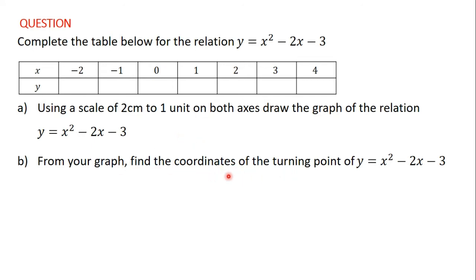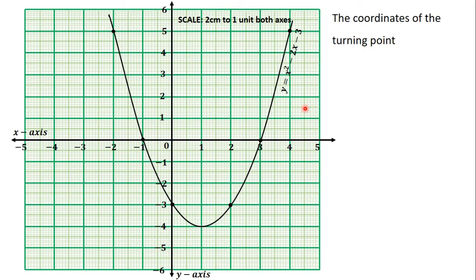That is finding the coordinates of the turning point of the relation y is equal to x squared minus 2x minus 3. This is the graph of the relation y is equal to x squared minus 2x minus 3. We are going to use the graph to find the coordinates of the turning point.